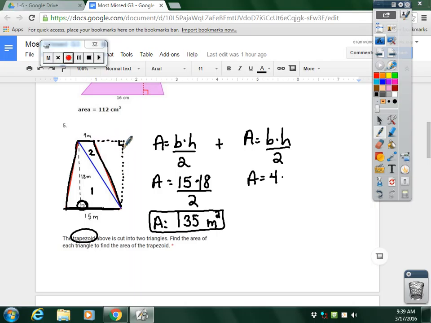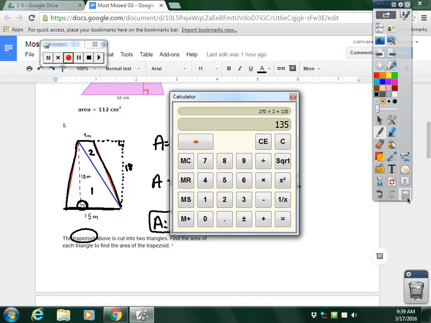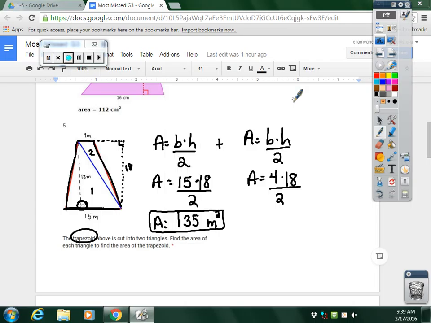It would form a 90-degree angle right here. This line is equivalent to this line. If this line is 18 for a height, this line is 18 for a height. So you have to multiply 4 times 18 and divide it by 2. 18 times 4 is 72, and divided by 2 is 36. So the area of triangle number 2 is 36 meters squared.